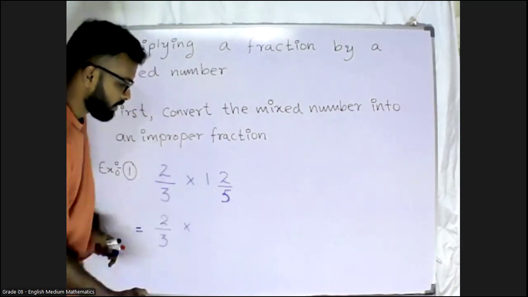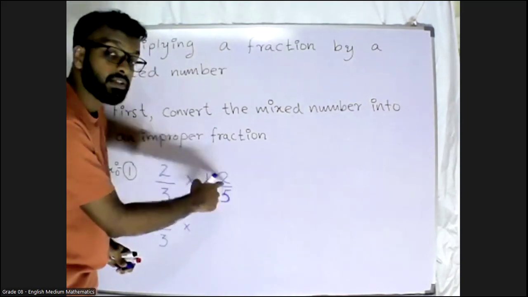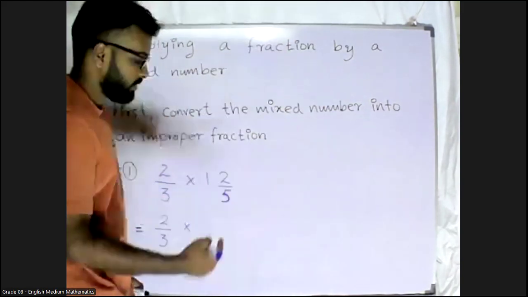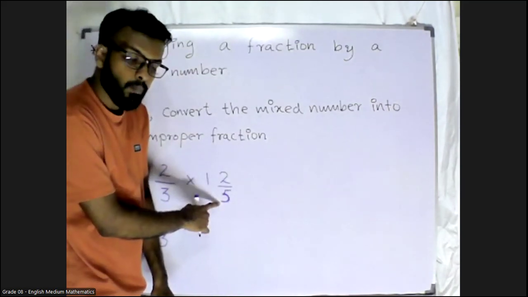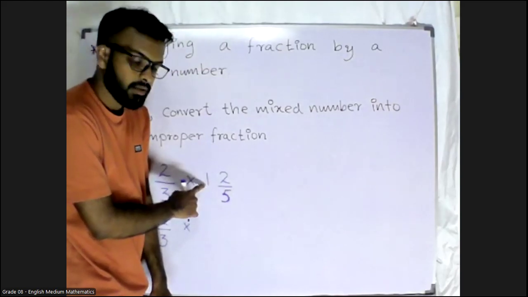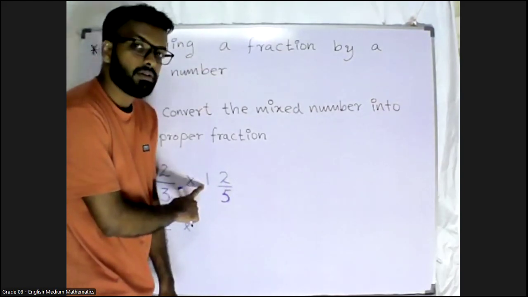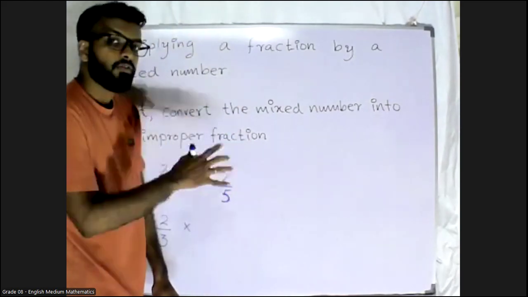multiplication. Here, how are you going to convert this into an improper fraction? First of all, multiply your denominator by the whole number: 5 times 1 is 5.